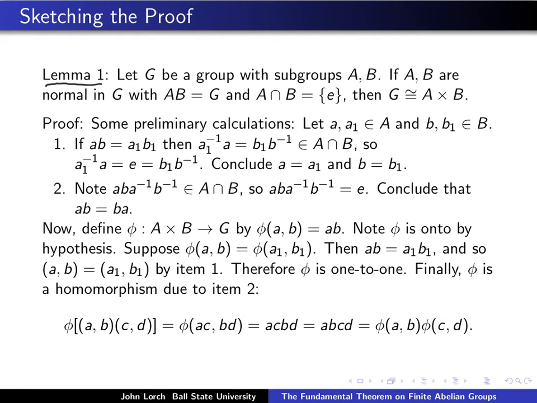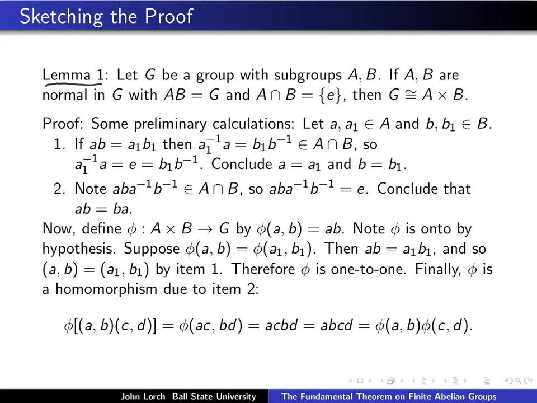So this lemma tells us about a scenario where we have a group G with subgroups A and B, and it gives us conditions under which we'll know that G is a direct product of A and B. So those conditions are that we would like A and B to be normal in G. We would like A times B to equal G. That means that every group element can be expressed as something in A times something in B. And then finally, we want the intersection of A and B to be the identity.